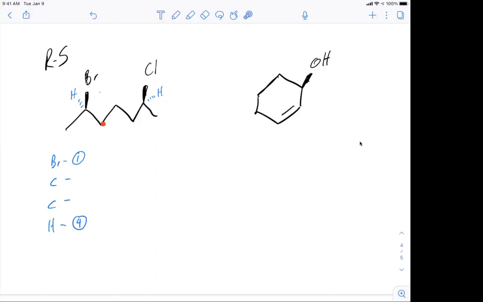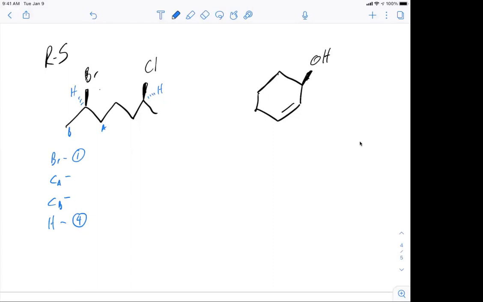If we look at this carbon here, let's call this carbon A and carbon B. So if we look at A, what is A attached to? Well, A is attached to a carbon and 2 hydrogens. So therefore I put carbon and 2 hydrogens, which means that it's going to have another addition, right? You're going to have another carbon.